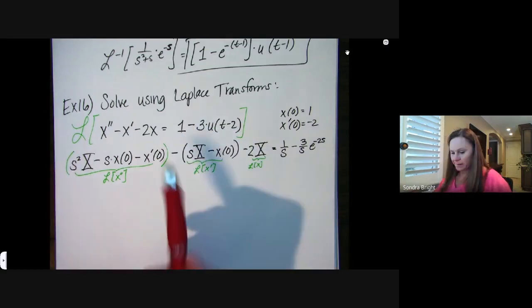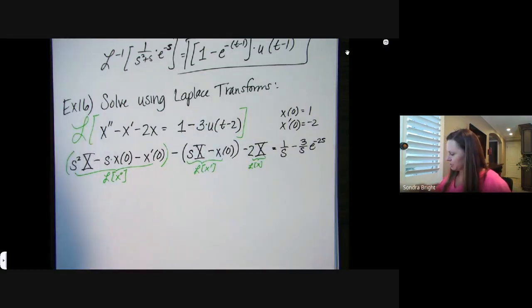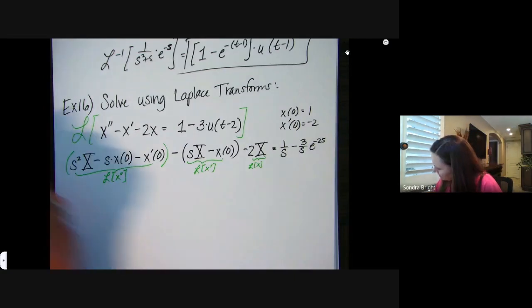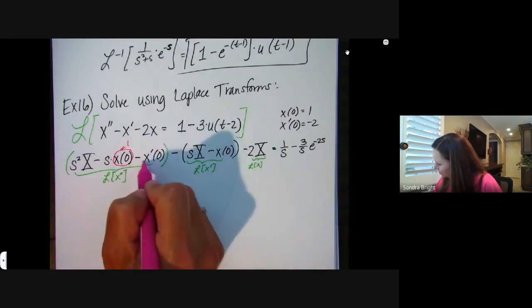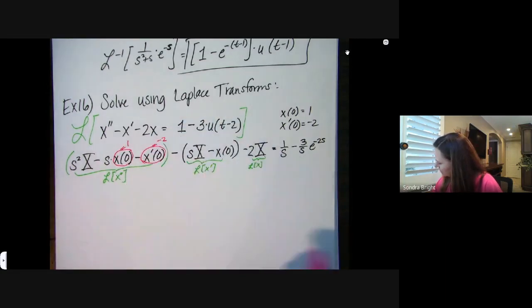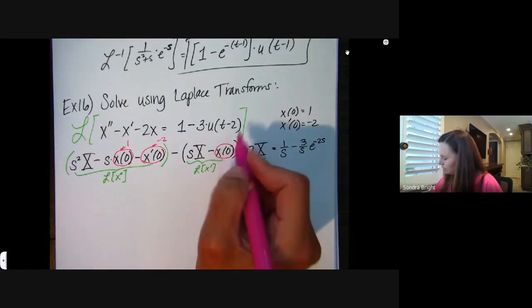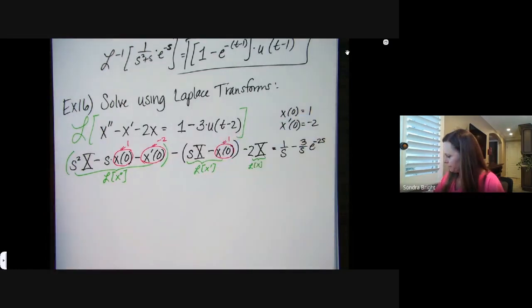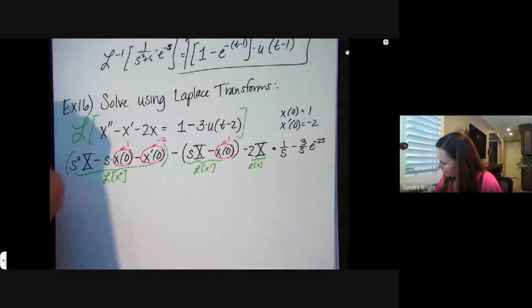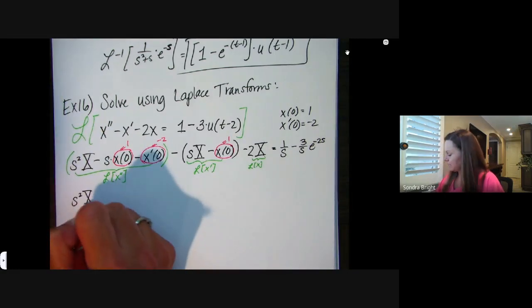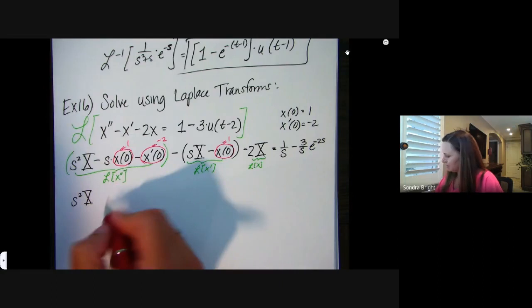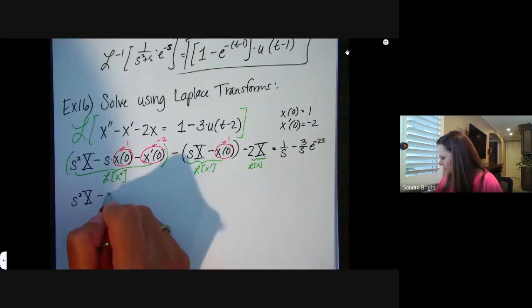Okay, well, they gave us some initial conditions to make our life easy. This guy is 1. This guy is negative 2. And that guy is equal to 1. So you end up with s squared times capital X, that's a 1 times s, so a minus s, minus negative 2, so a plus 2.